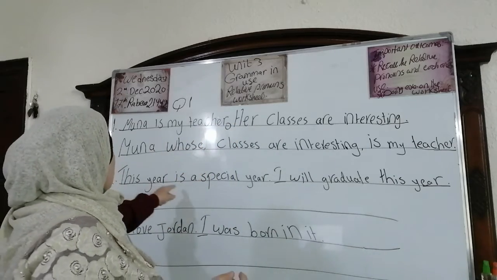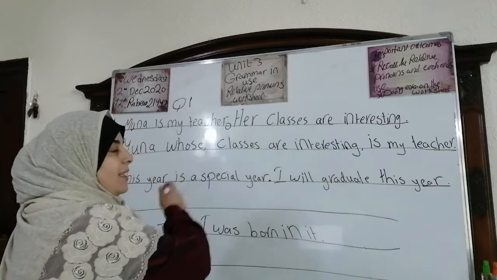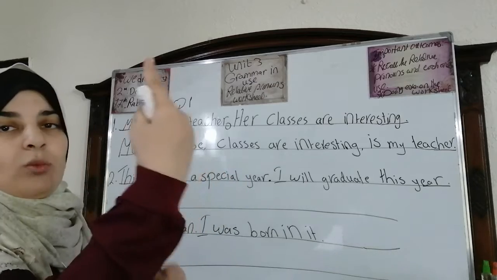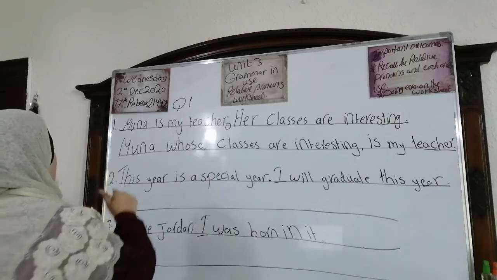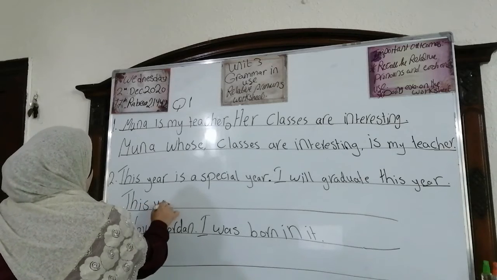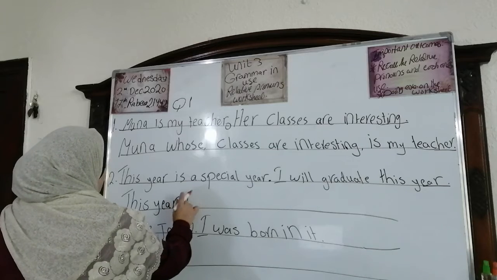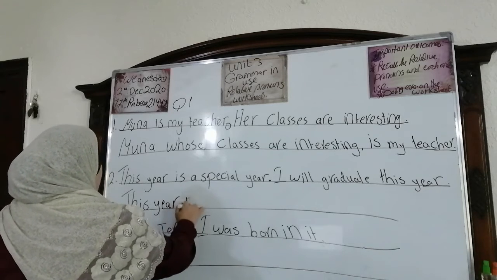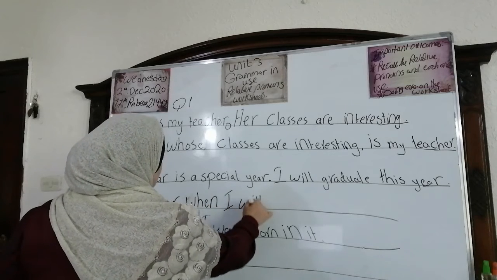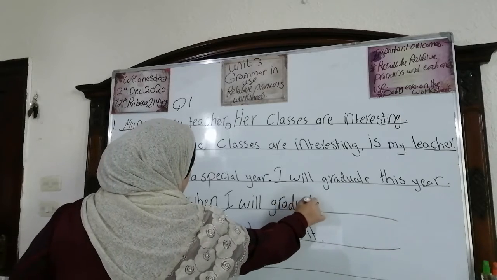Now number 2, this year is a special year. We have this full stop. We are going to remove it and put instead a relative pronoun to join the sentences in one sentence. Now we say, this year, when I will graduate, what's wrong with it?